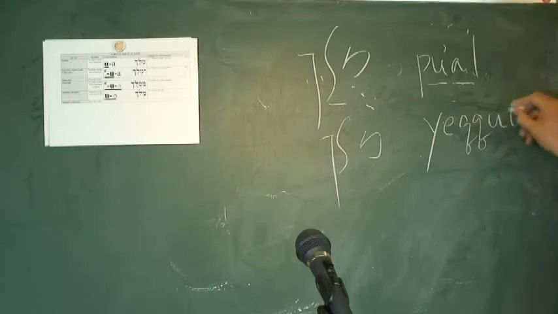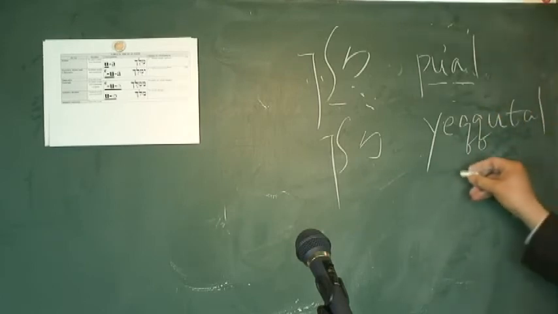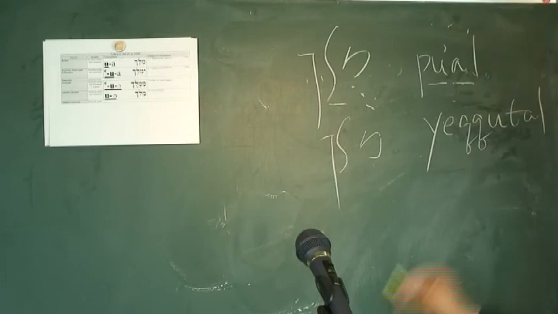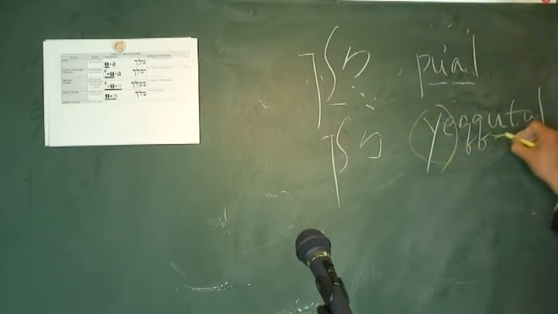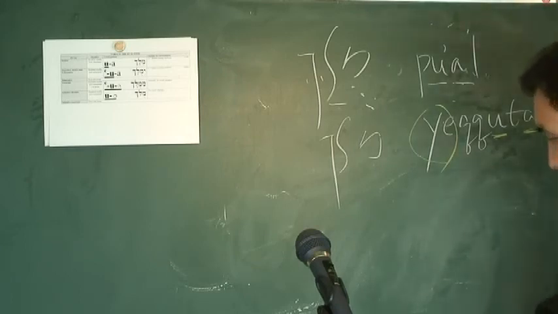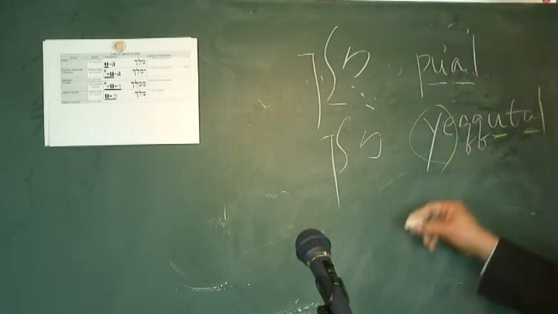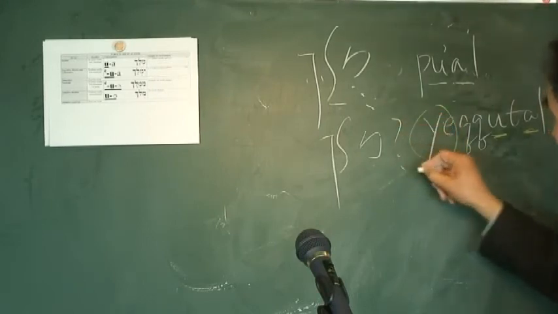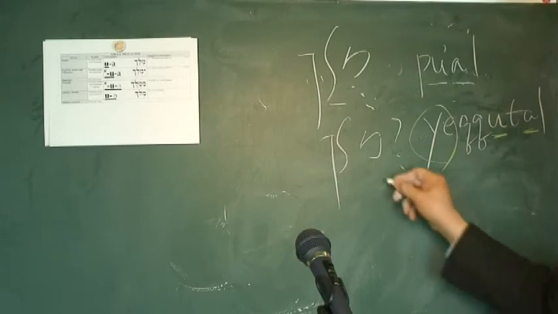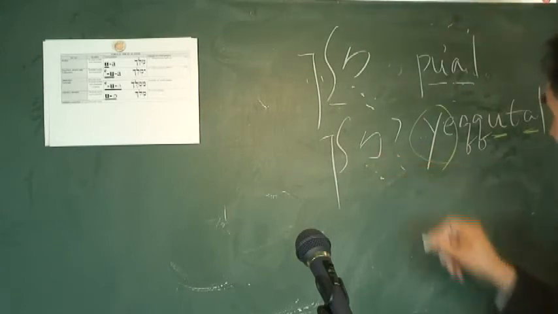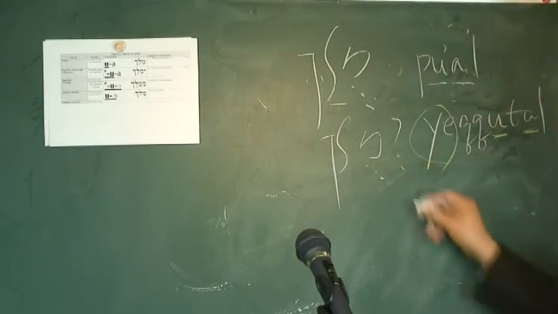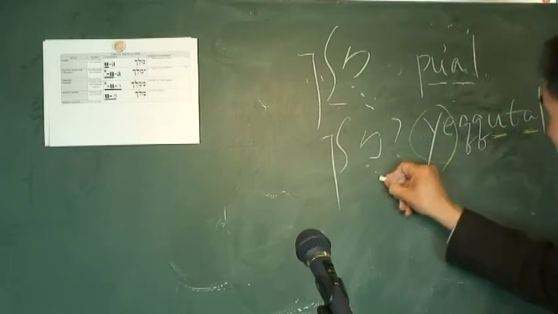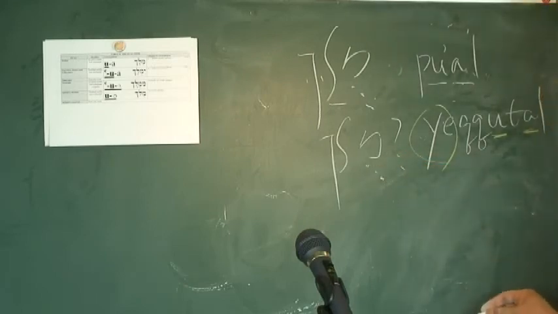The imperfect form of pual is yakutal. We can take ye, u, a from yakutal. This would be written in the following ways in Hebrew: Yod, Shewa, Kibbutz, Patak.